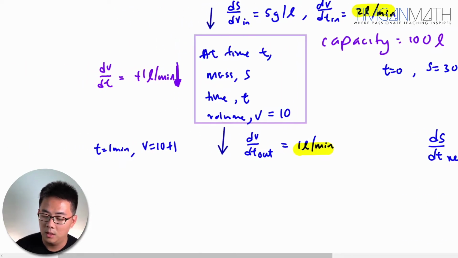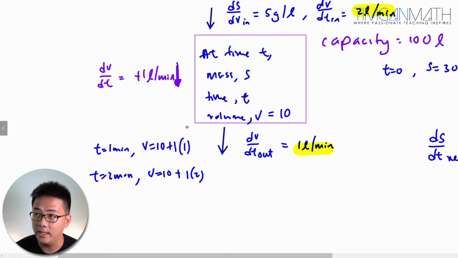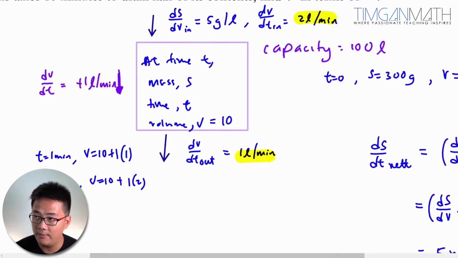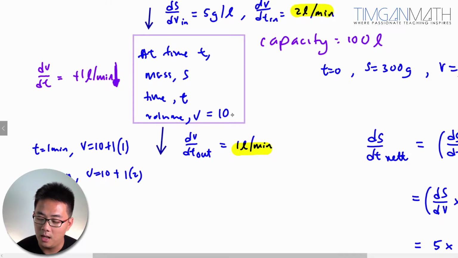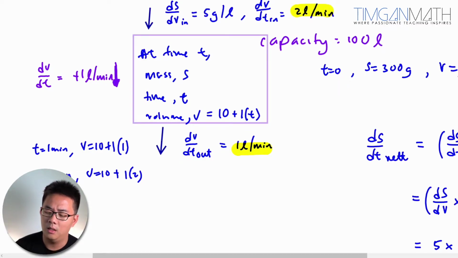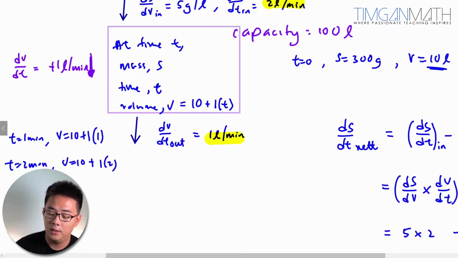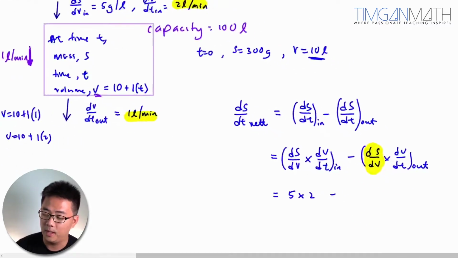If t is 2 minutes, you expect 10 plus 1 times 2, because every 1 minute you add 1 liter of water inside. So at time t, the volume would just be 10 plus 1 times t, a function of time. Express your volume in terms of a function of time. That is the one that is going out, right?